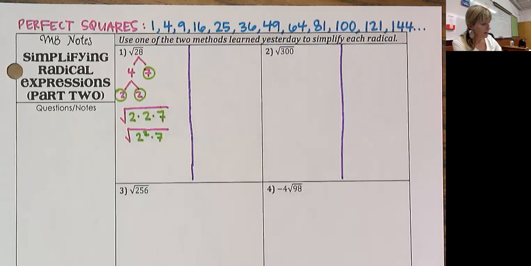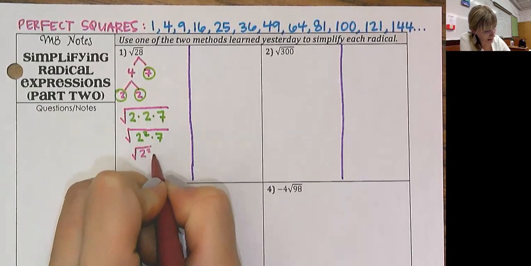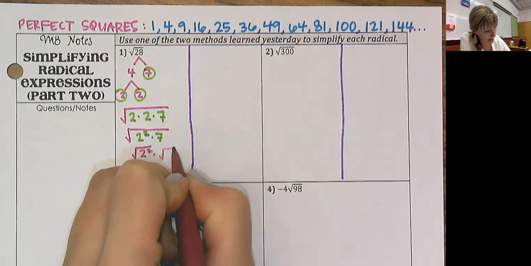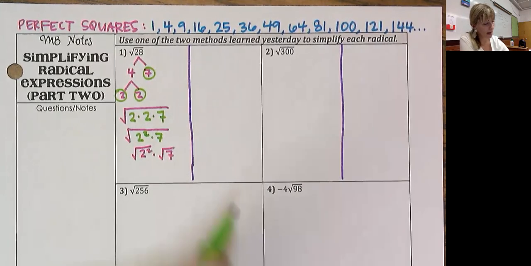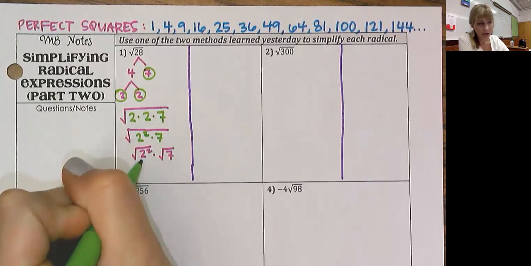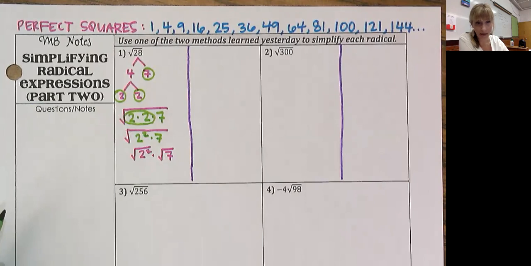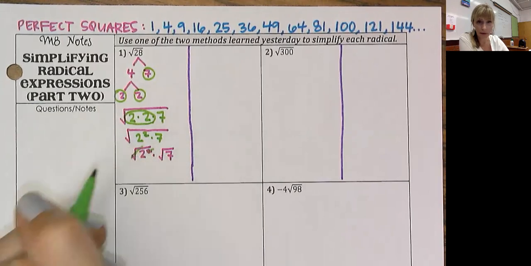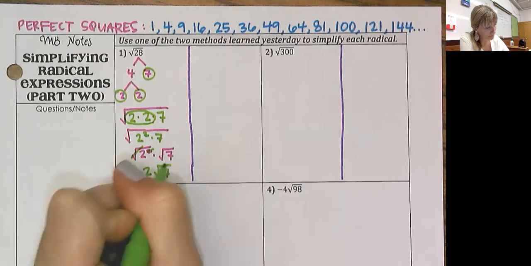You can actually break it up, and you'll see as we do this a little further, but you actually are square rooting each of these separately, but you're only going to cancel the one that actually has its full inverse. So anytime you end up with a squared, because you have 2 factors there, the squared and the square root will cancel, and you get 2 square root of 7.